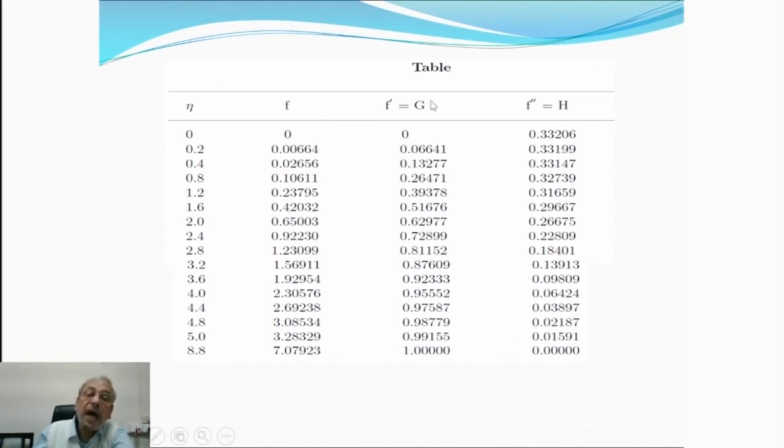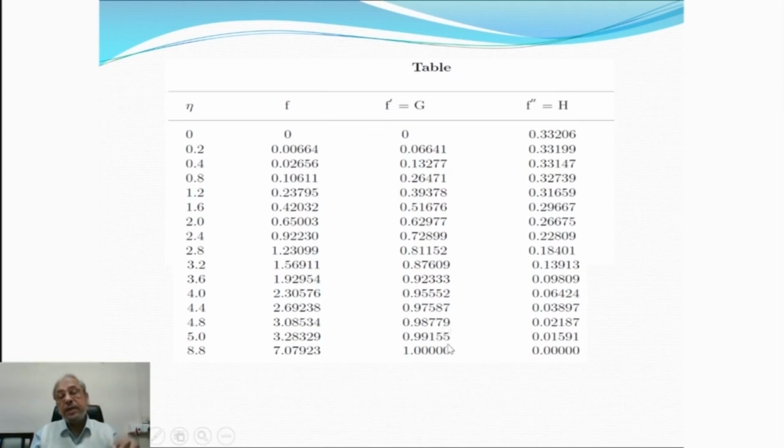And here another observation is, we can see around 5 f prime reaches 0.99. And what is f prime? It is small u by uppercase u, u by u infinity. So small u reaches close to uppercase u, 0.99155.